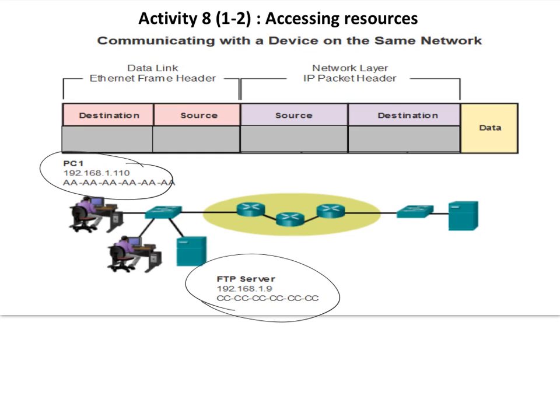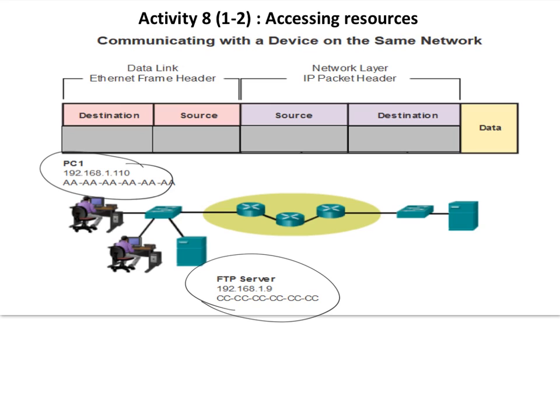So what will be the physical addresses for both destination and source, and logical addresses for both destination and source? 1 minute for this one, before we get to the other case where we need to communicate on a remote network.